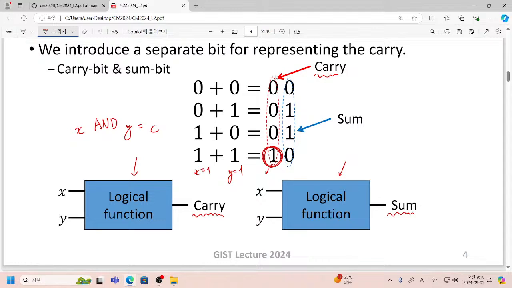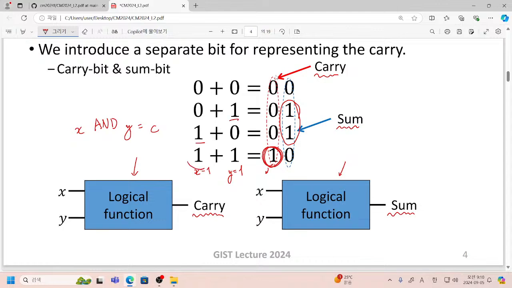In the case of the sum bit, that is a little bit more complicated. It gives us output 1 when one of our two input bits is 1.